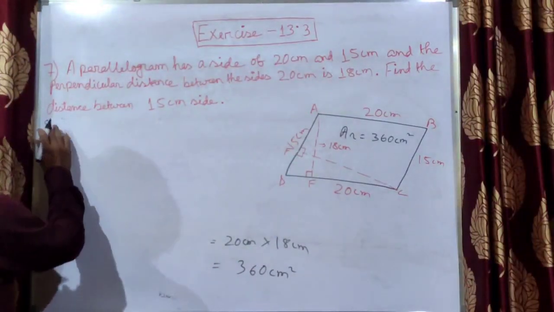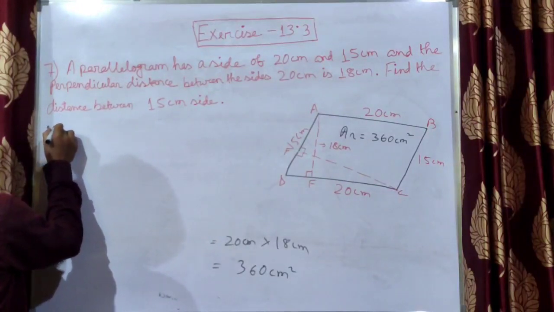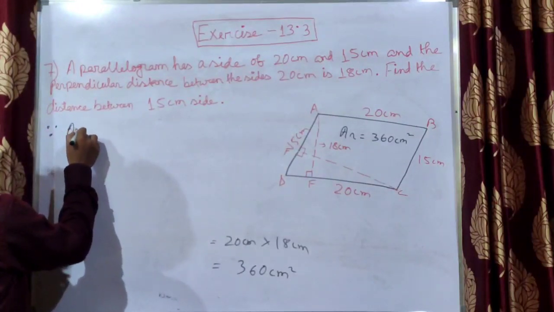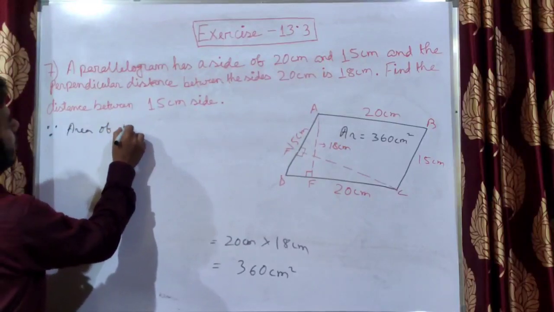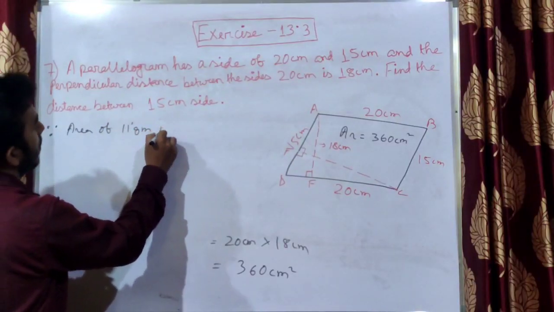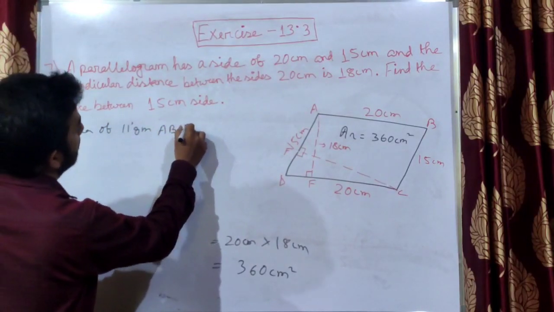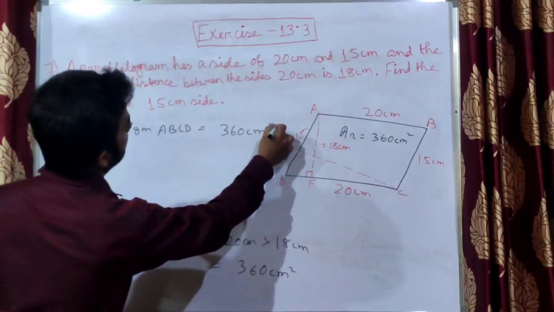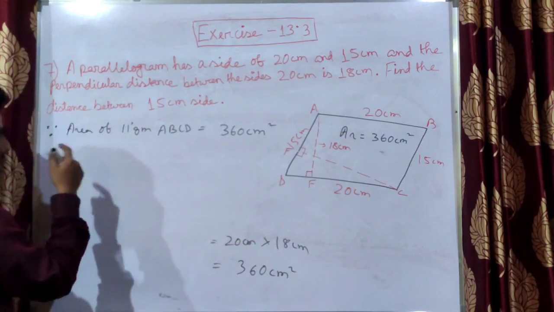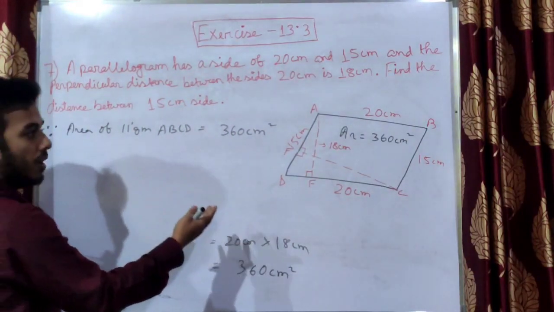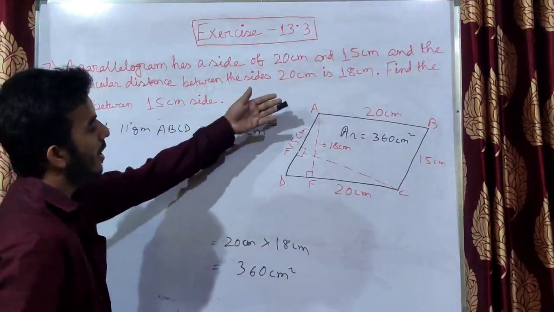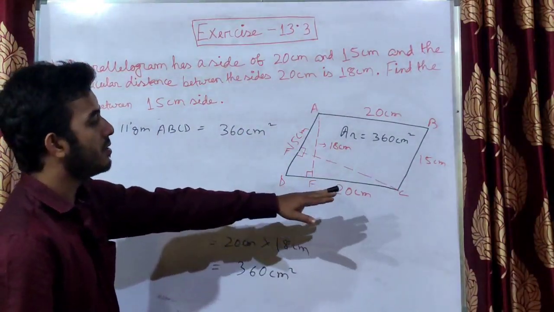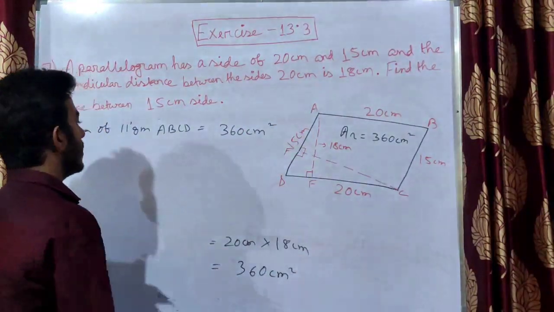Since the area of parallelogram ABCD equals 360 centimeter square, we will rotate the parallelogram and consider AD as base and CF as perpendicular distance.